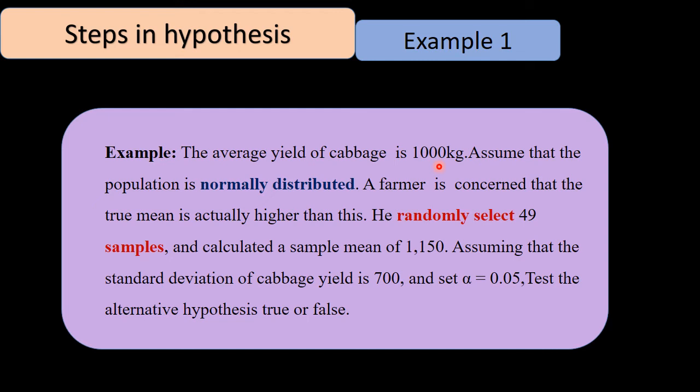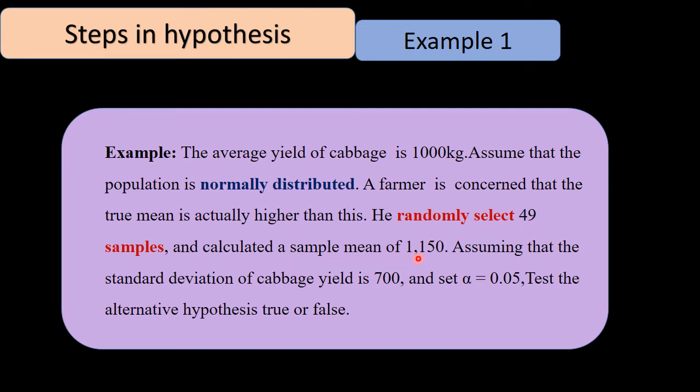The average yield of cabbage is 1000 kilogram. That is the population mean. Assume that the population is normally distributed. A farmer is concerned that the true mean is actually higher than this.